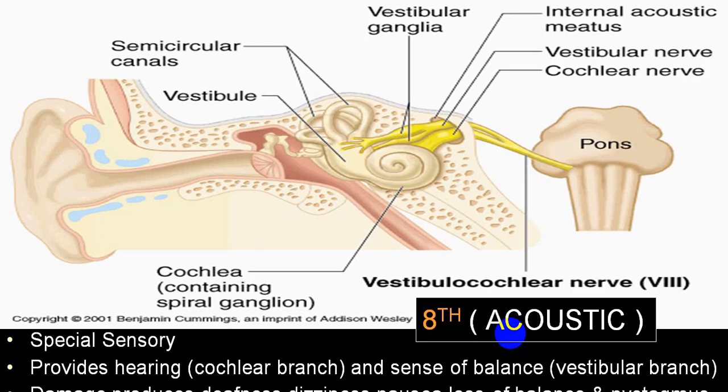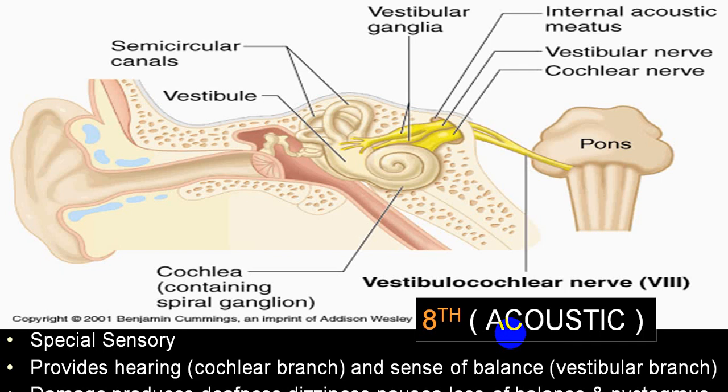It is a special sensory nerve, and being of two portions, the cochlear division is for hearing while the vestibular division is for balance. So any damage to the 8th cranial nerve will produce problems with hearing, that is deafness or disturbances in hearing, which may be conductive deafness or nerve conduction deafness.